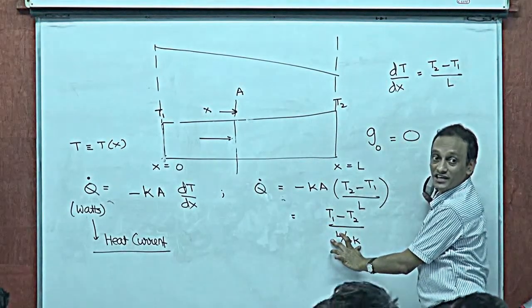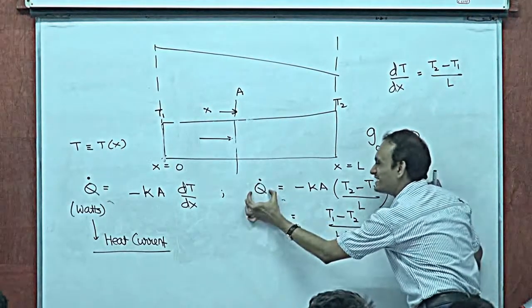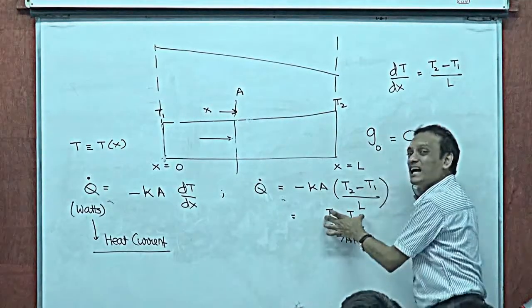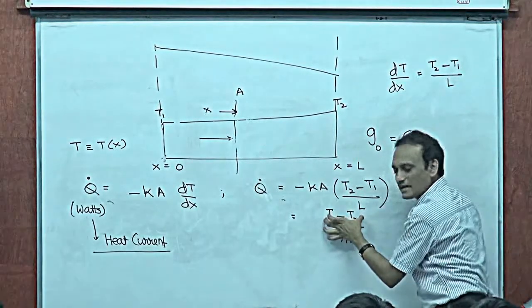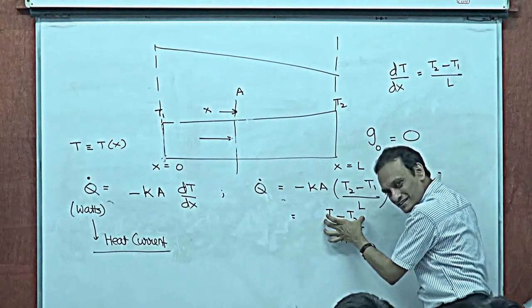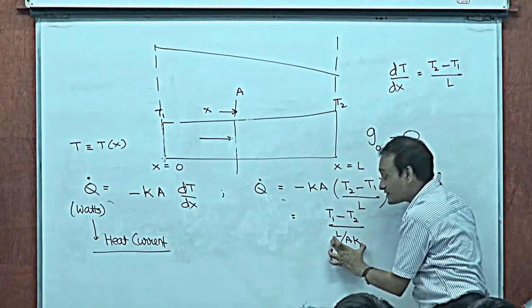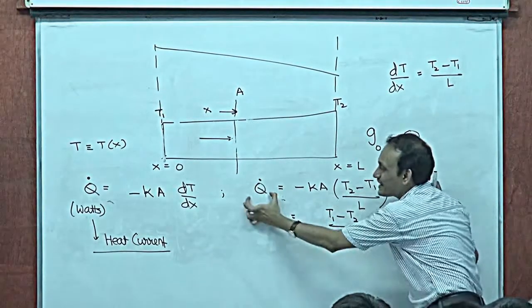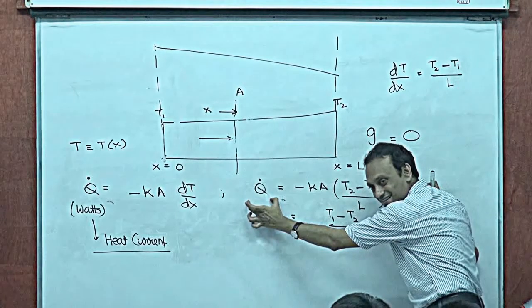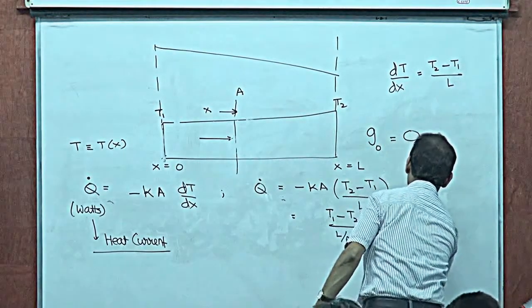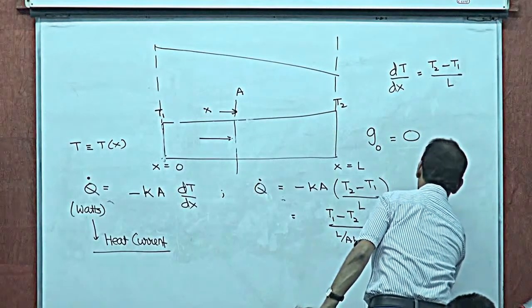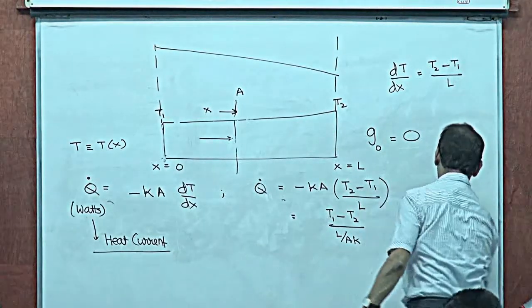So this is like the heat current, this is like the thermal potential difference, and this is like the thermal resistance. This is like delta T divided by L by AK.